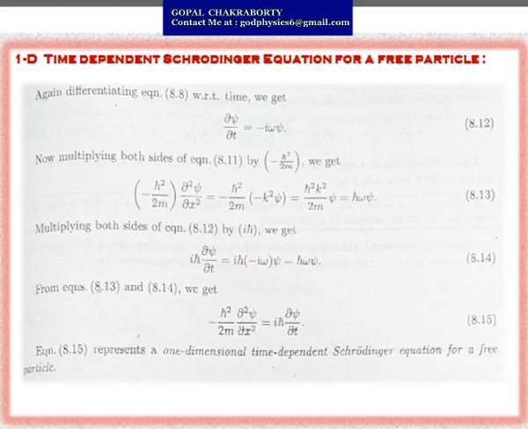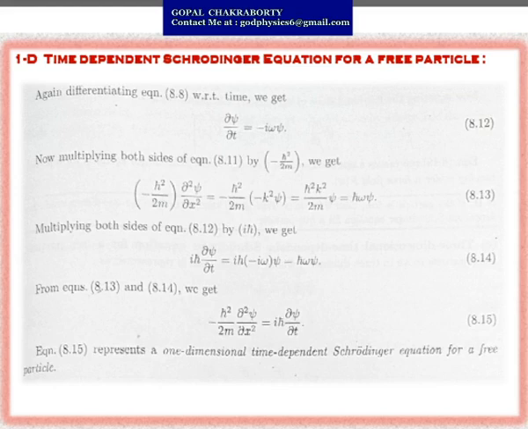Again, as I have told you, secondly you take the first order derivative of the wave function psi with respect to time t. As we know, psi equals a e to the power i(kx minus omega t). So the time derivative gives you del psi del t equals minus i omega psi. Now multiply the second order derivative of psi with respect to x by minus h cut square by twice m.